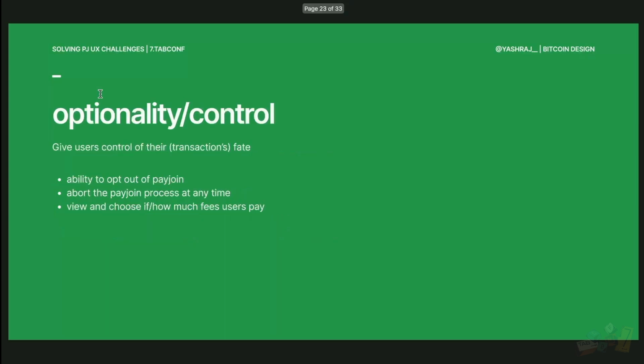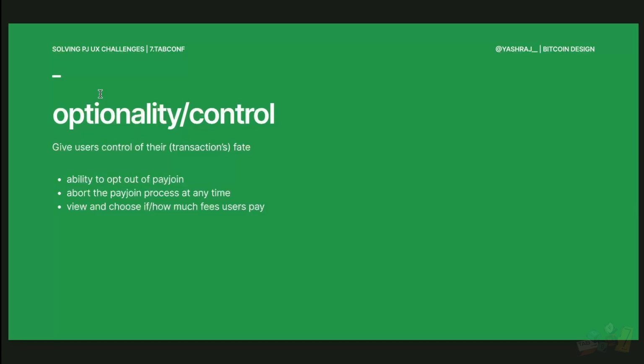The second one, of course, is optionality. If users feel they can't do anything, they get uncomfortable. It's not a fun experience, right? All of us have had this experience in different situations where we feel helpless. Like, I didn't know, right?